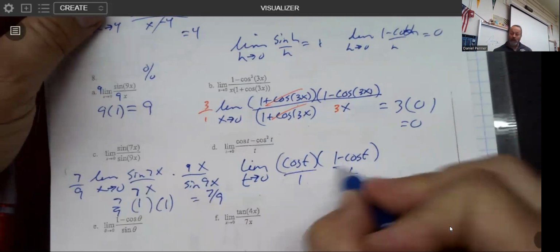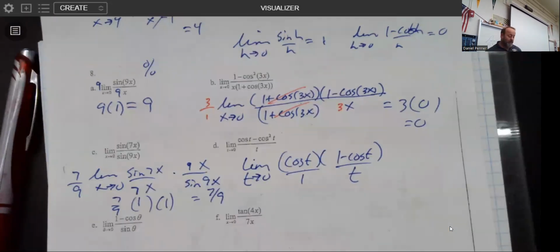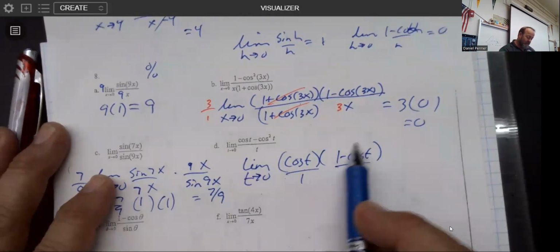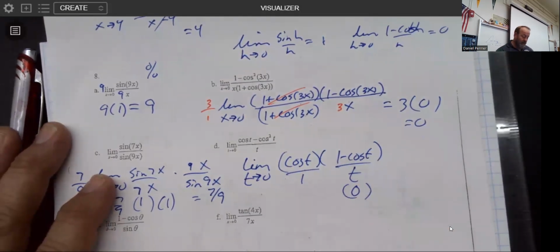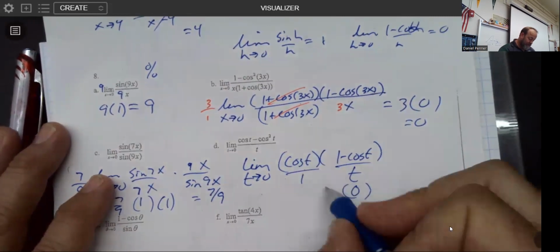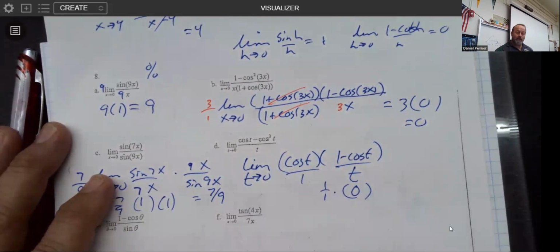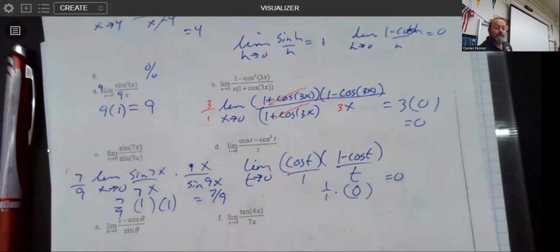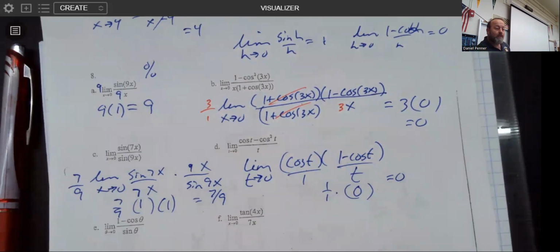So I'm just going to put a 1 under that one. Now, of course, the limit as t goes to 0 of this particular portion we've already established is 0. But as t goes to 0, you get 1 over 1. But 1 over 1 being multiplied by 0 looks definitively to be the number 0 to me.